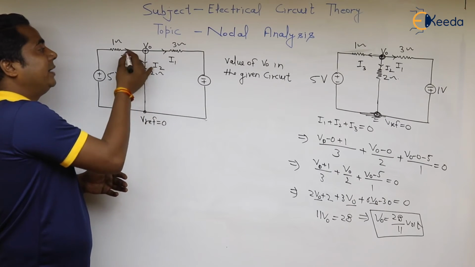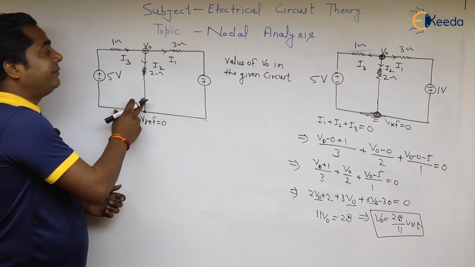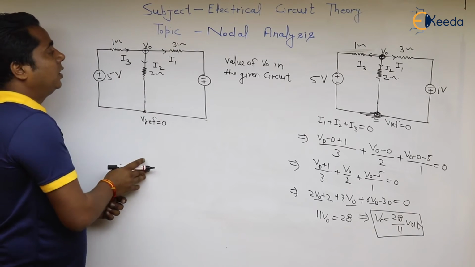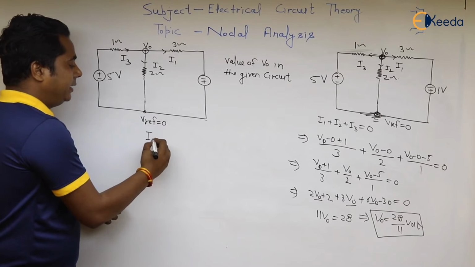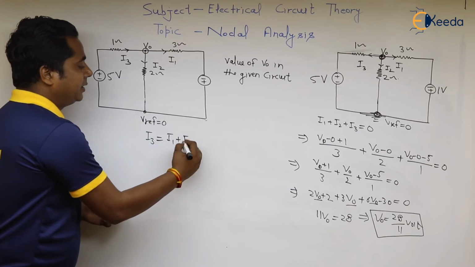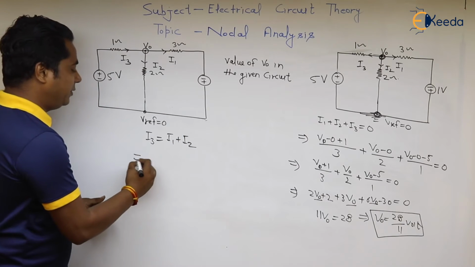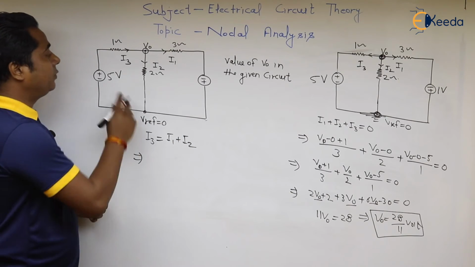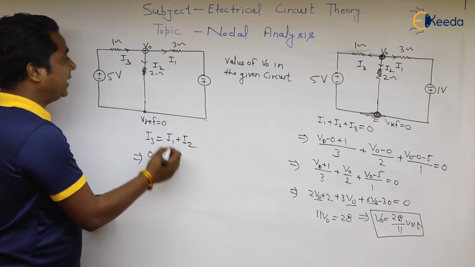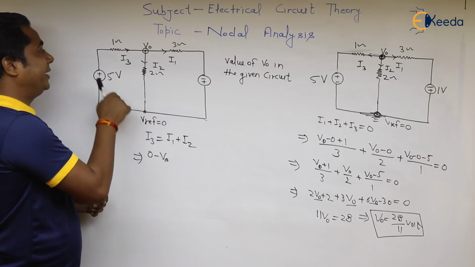So I1, I2, I3. In this circuit, when we write the KCL equation, I3 is equal to I1 plus I2, and I3 is equal to 0 minus V0. Here the current direction is, see guys, from V reference to V0.